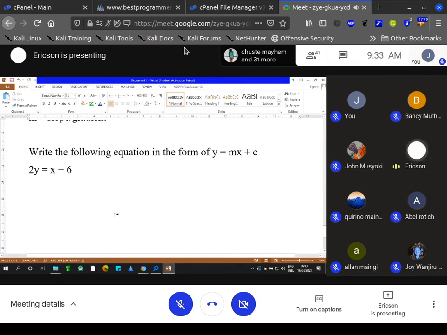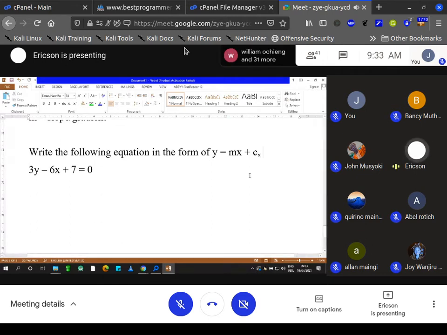We can also have another question. We try doing this. 3y minus 7 equal to 0. I've been given this question here. Write the following equation in the form of y equal to mx plus c.